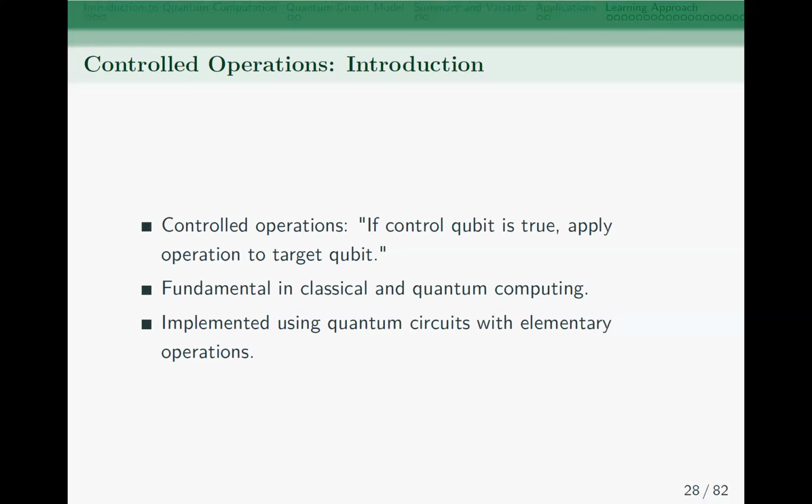The idea of a control operation is that there is a qubit called the control qubit. If the control qubit is true, then you will apply another single qubit unitary on the target. So this is a very small subset of the 2-qubit unitaries.